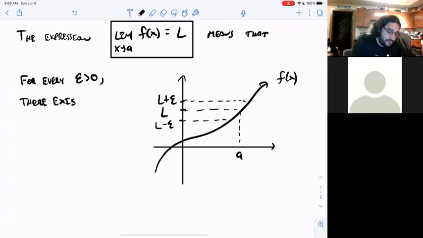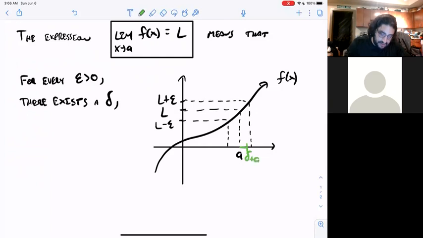And we're going to say that for every epsilon, there exists another real number, delta. Delta is going to be some corresponding error tolerance in the x coordinate, going a certain amount to the right and a certain amount to the left from A. And what do I mean by allowable?